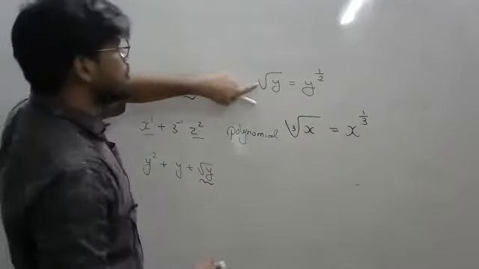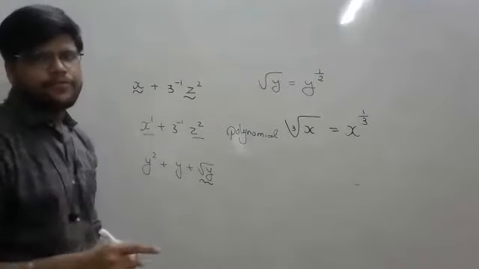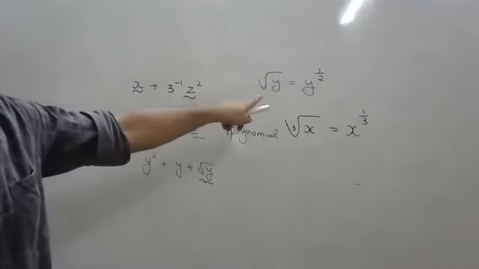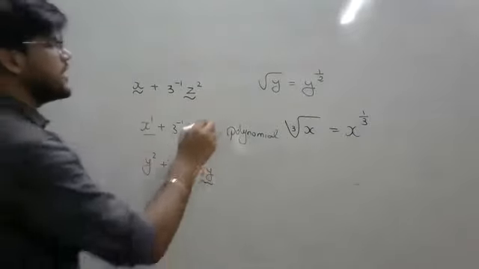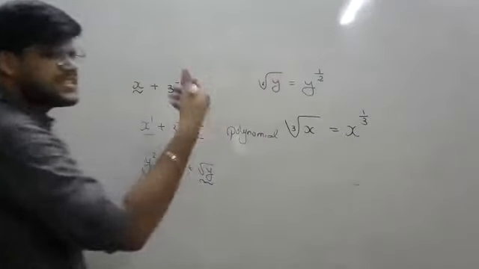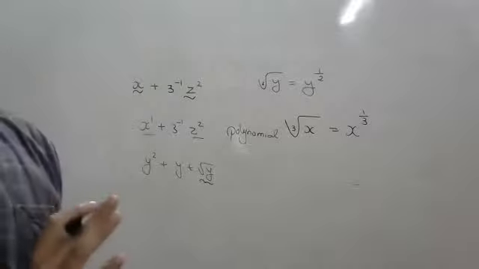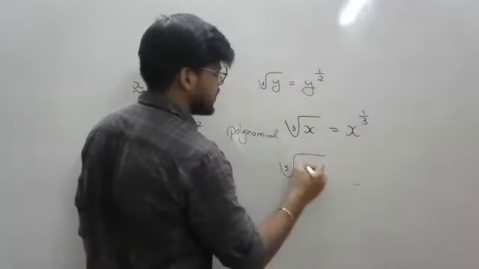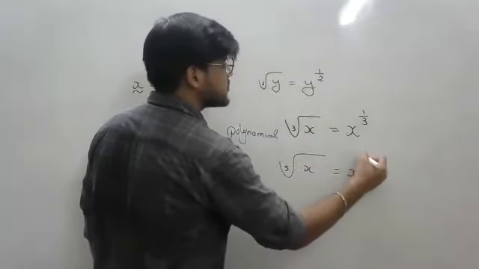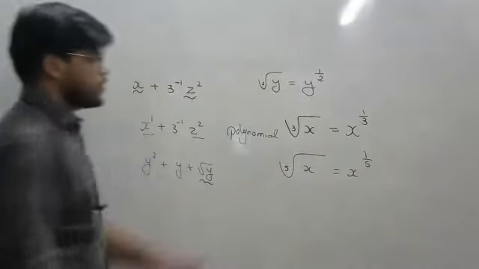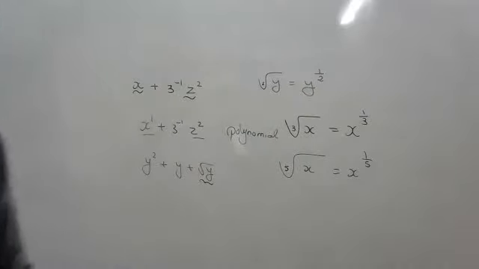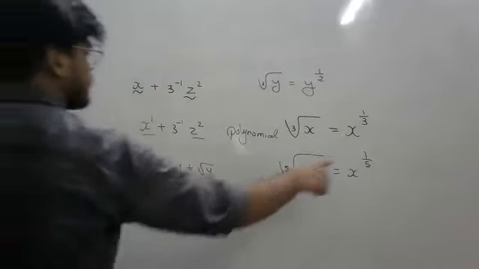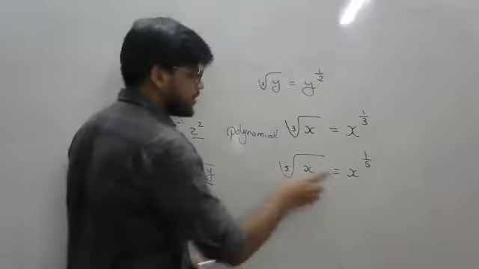If no number is written in the root sign, by default you have to consider it to be 2. And if you have any other number here, let's say 5, it will be x raised to 1 by 5. Whatever number is written here, your power is in fractional form, and that number will be the denominator.